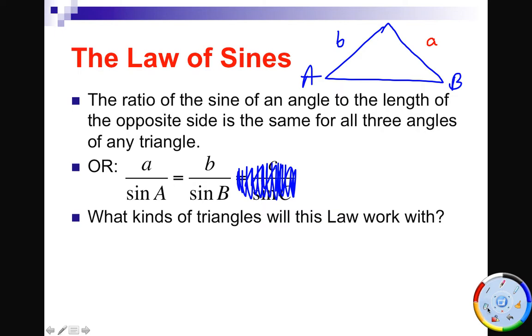And if I knew little a, that would help me solve for little b. And likewise, we could do this any way here. We could say, oh, what if I didn't know big A?